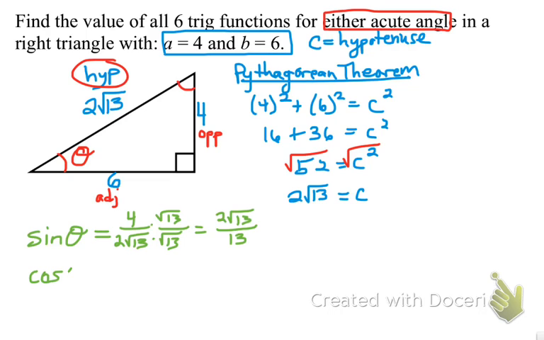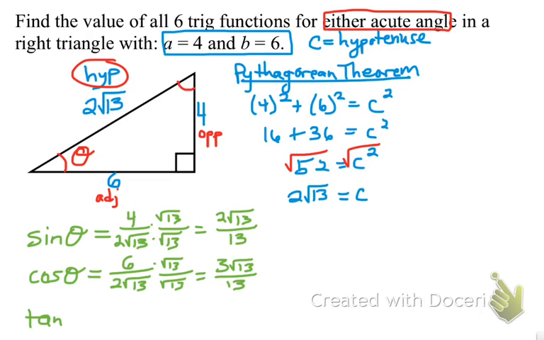Cosine theta, if we think SOHCAHTOA, is the adjacent 6 over the hypotenuse 2 root 13. Again we're going to rationalize and come up with a final simplified answer of 3 root 13 over 13. And then tangent of theta is opposite over adjacent, so that's 4 over 6, reduces to 2/3.